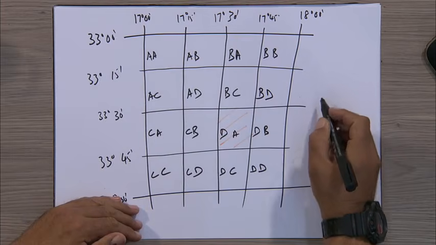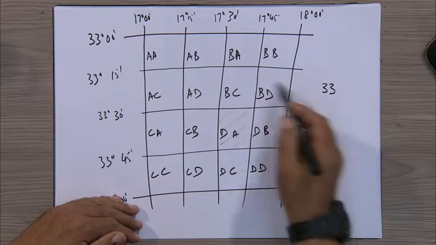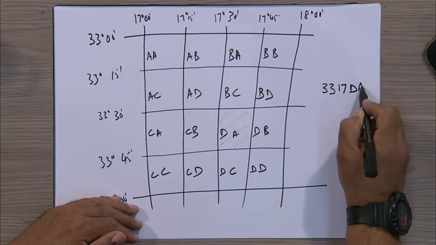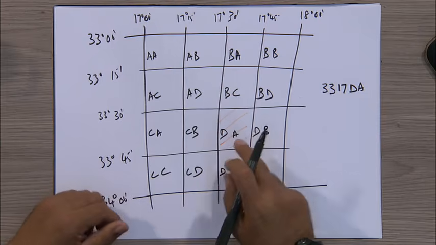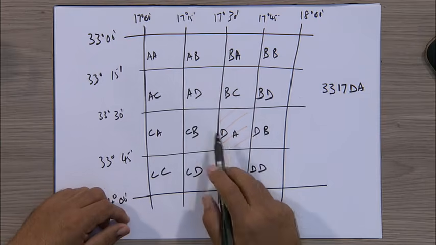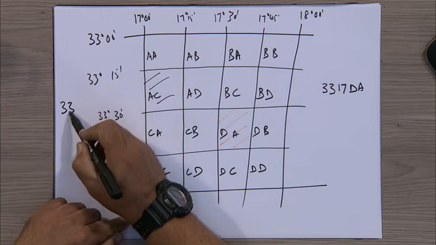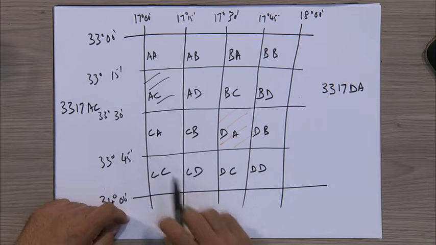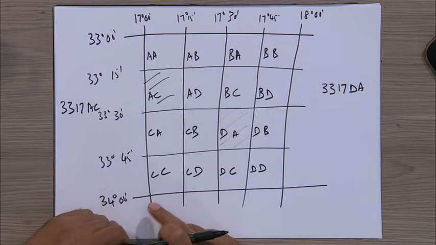So, the title of that map is going to be 33, because it's the first line of latitude, and you guessed it, 17 DA, and then the name of the biggest town on the map, Mapwork or Paul or whatever the case might be. Okay? This one here is going to be 33, 17, AC. Every single map here is going to start with 33, 17 in this series of 16 maps. Okay? And that is where the map gets its name from.